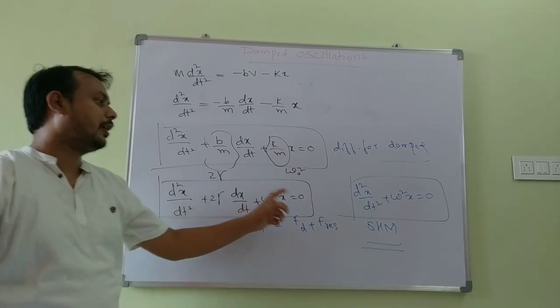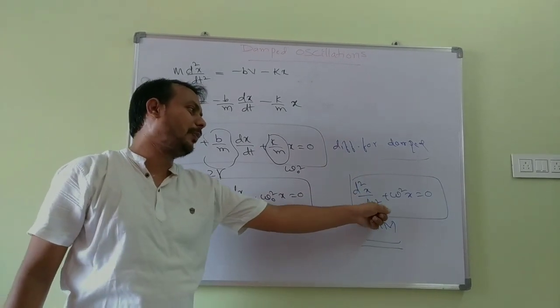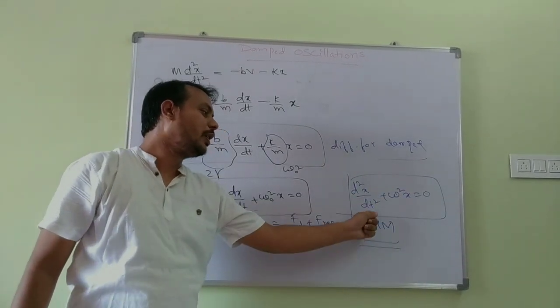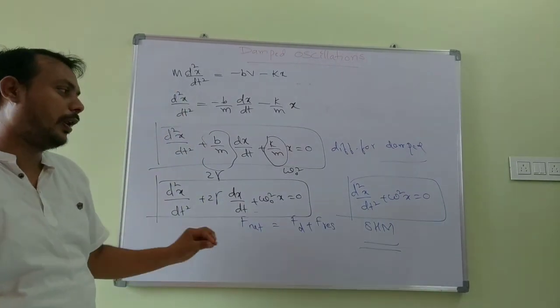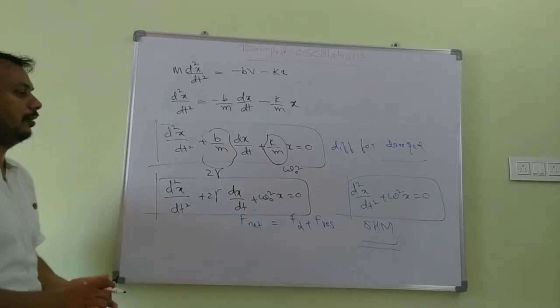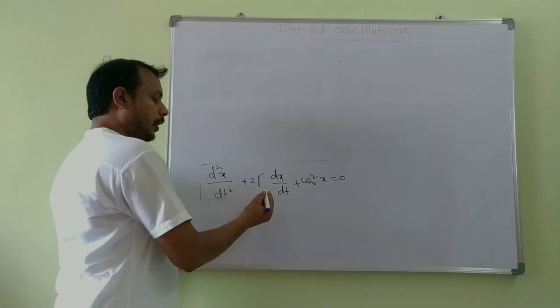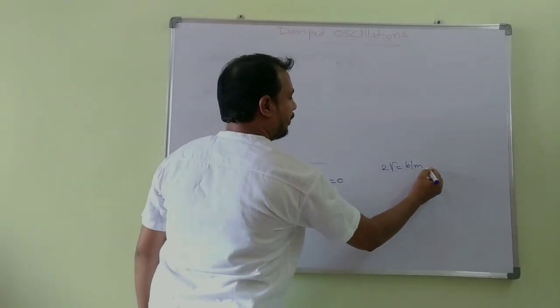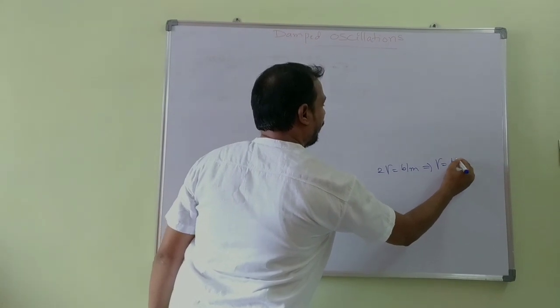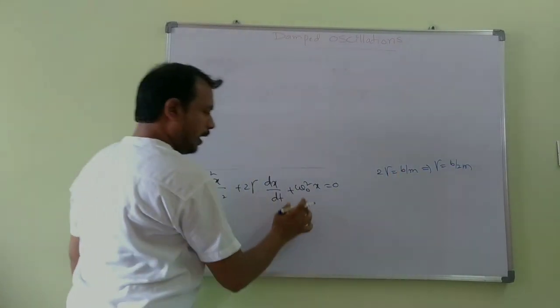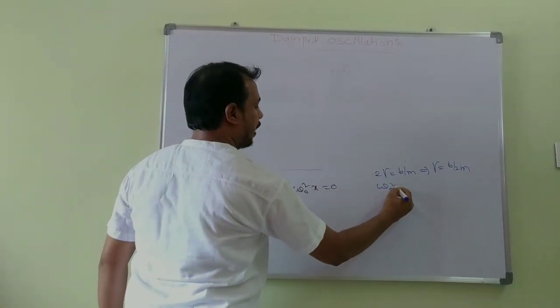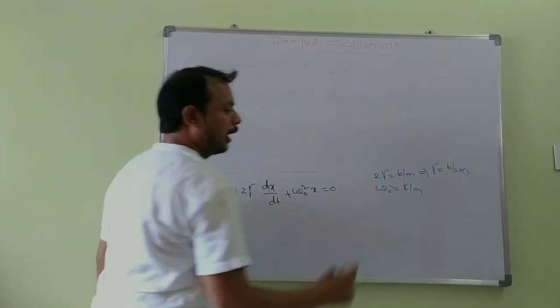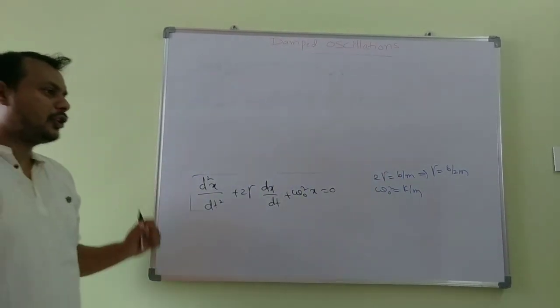The other, simply d square x by dt square plus omega square x equals 0, is for simple harmonic motion. Here, what is 2 gamma? 2 gamma equals b by m, so gamma equals b by 2m, and omega naught square equals k by m.